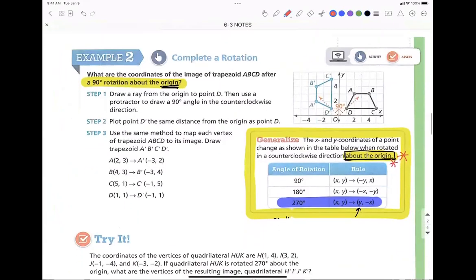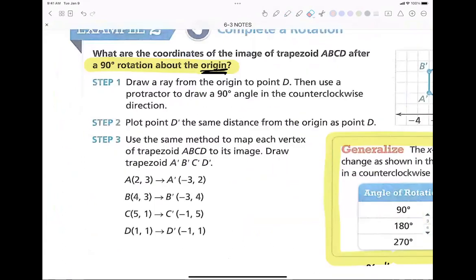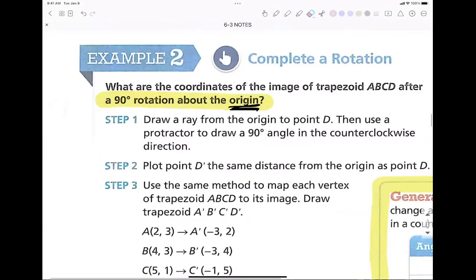All right, very good. In example 2, this one is so incredibly helpful. Let me erase some things here from notes I did in earlier periods. The first thing I want you to highlight, underneath the words example 2, it says, what are the coordinates of the image trapezoid ABCD after, and highlight this, a 90-degree rotation about the origin.